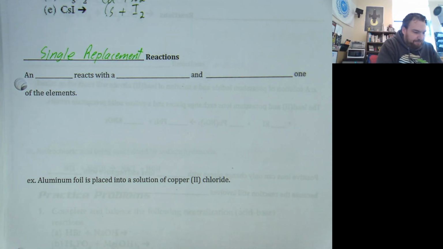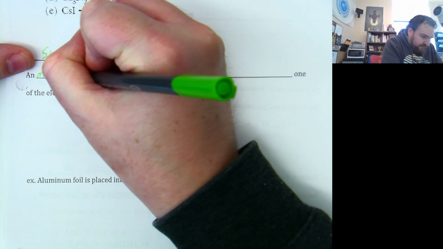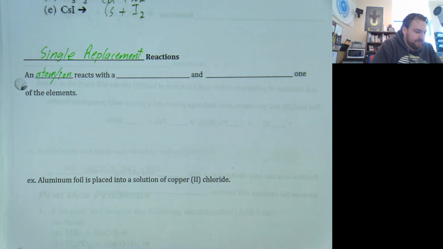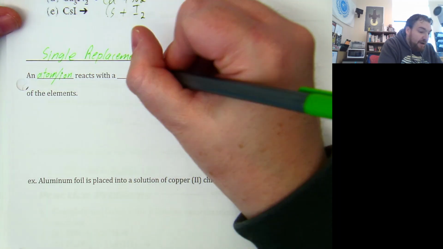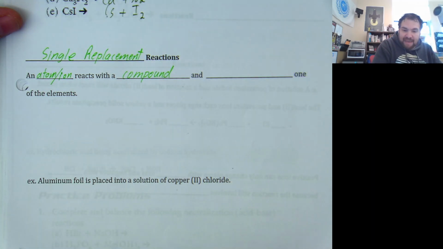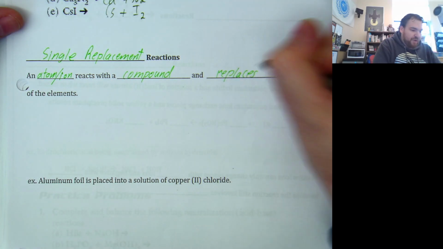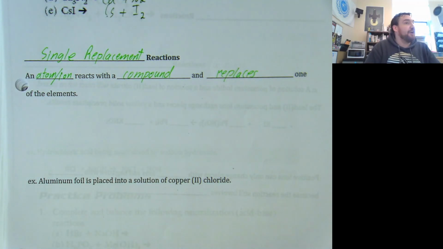Here is the definition. An atom slash ion reacts with a compound and replaces one of the elements. And we're going to have to figure out which one.